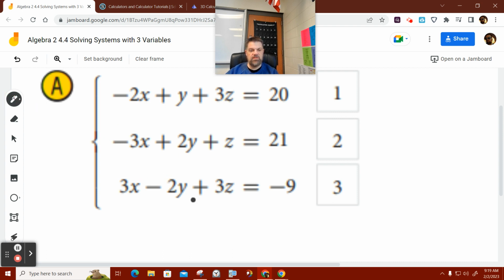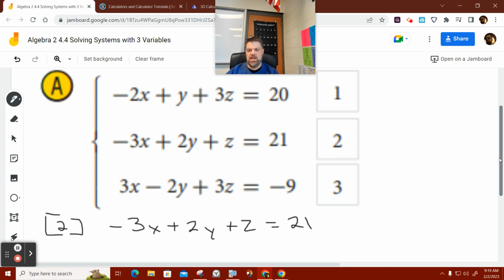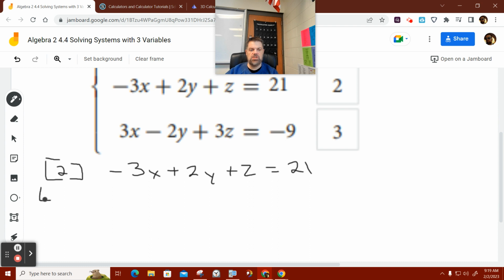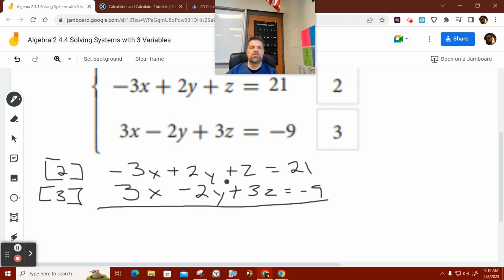What that means is that if I take equation 2, which is -3x plus 2y plus z equals 21, and I take equation 3, which is positive 3x minus 2y plus 3z is equal to -9, and I just add them up, watch what happens.